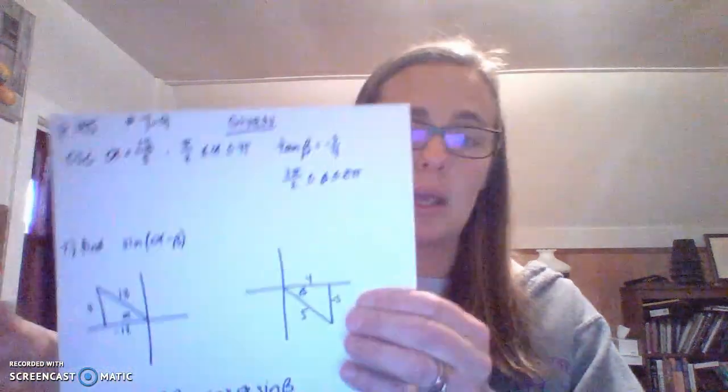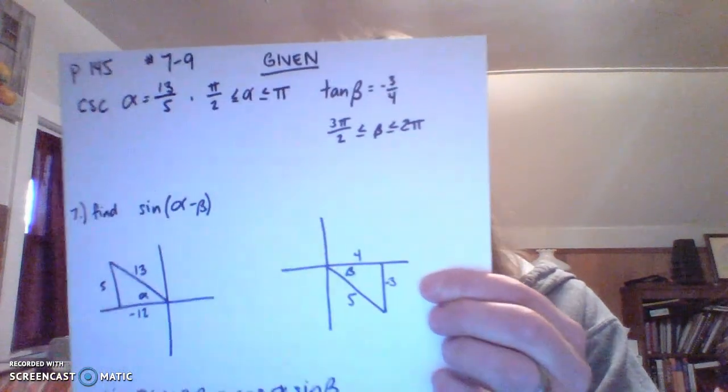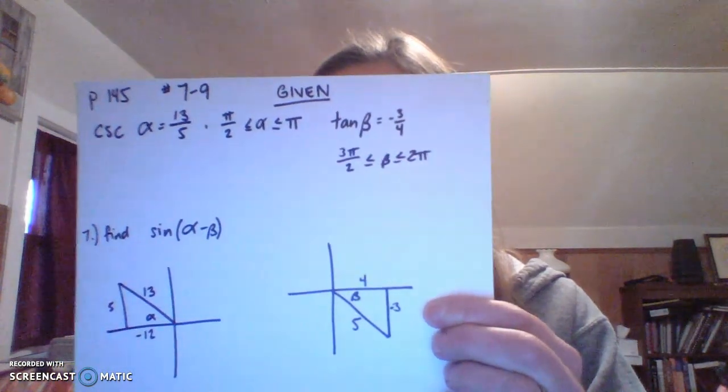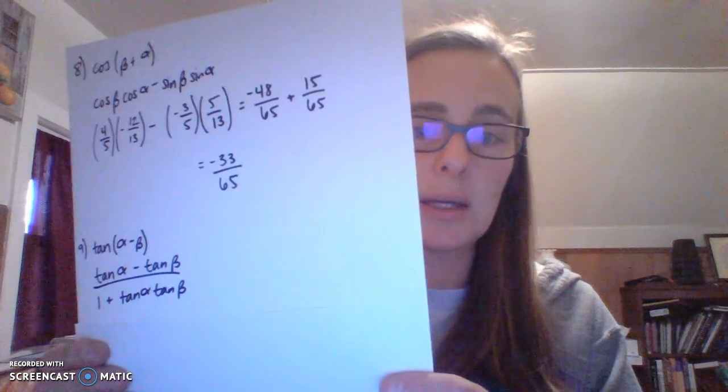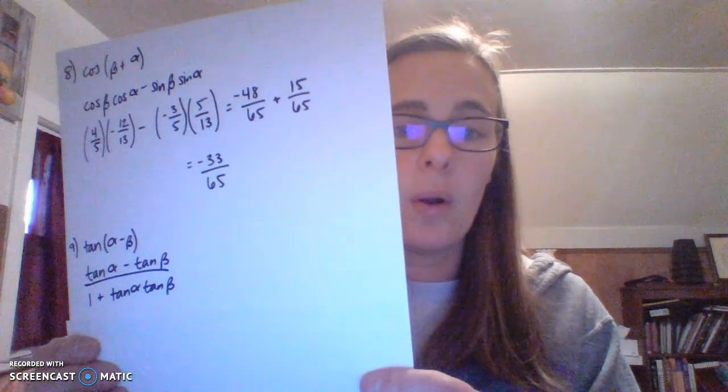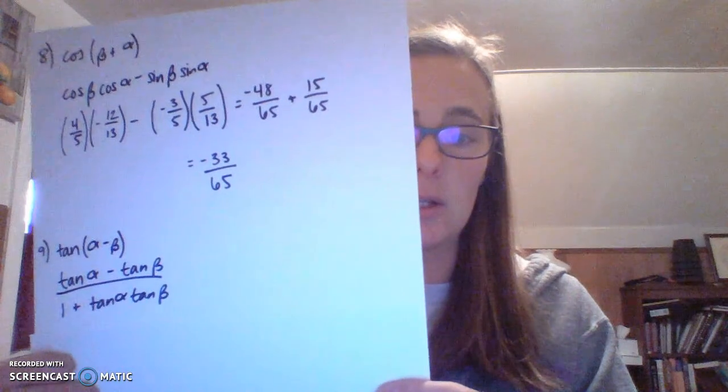The last one is still using this same set of triangles, but now we're talking about the tangent of alpha minus beta. The first thing to remember is your formula: tangent of alpha minus beta is tangent alpha minus tangent beta over 1 plus tangent alpha tangent beta.